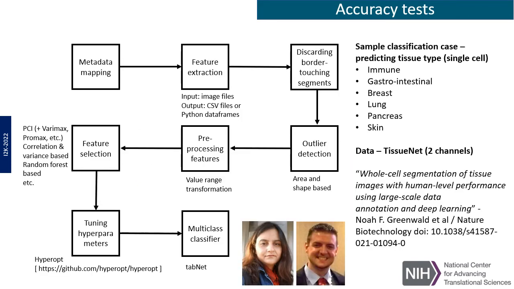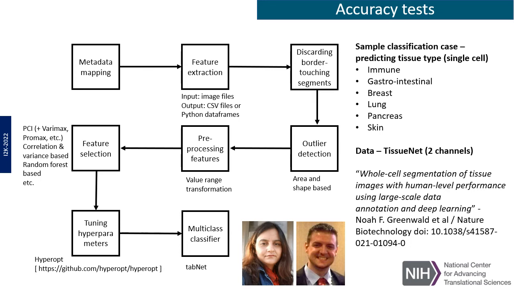Our colleague Hamda Abbasi and Nyxus set up a training pipeline to perform an accuracy test comparing features provided by Nyxus to ones provided by Deep VGG16net. On this slide, we see a pretty typical pipeline, beginning with feature extraction, then outlier detection, feature processing and selection, and finally training a PyTorch implementation of a TabNet classifier.